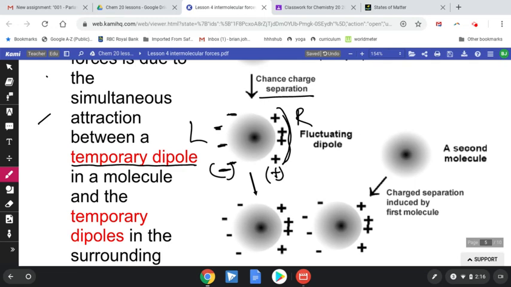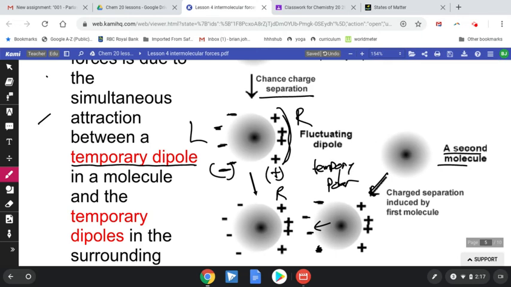And it's only temporary, so it's called a temporary dipole. Now, if there's a neighboring molecule, a second one, and it comes close to the first one, the positive pole on the right will attract the negative electrons in the second molecule and pull them all to this side and make this one also temporarily polar.